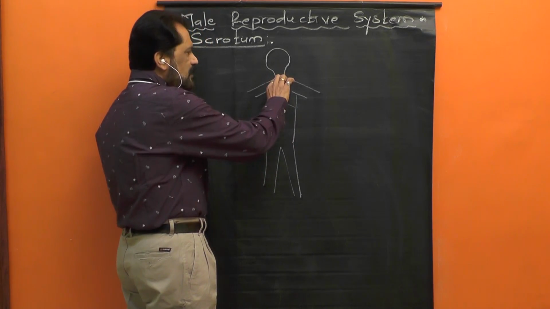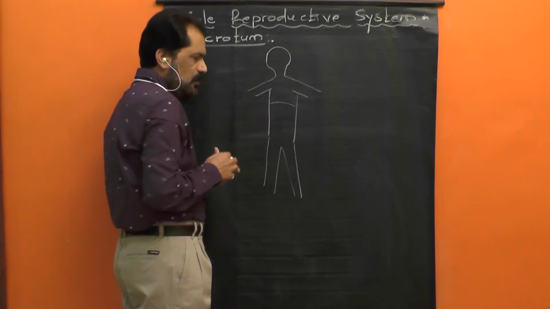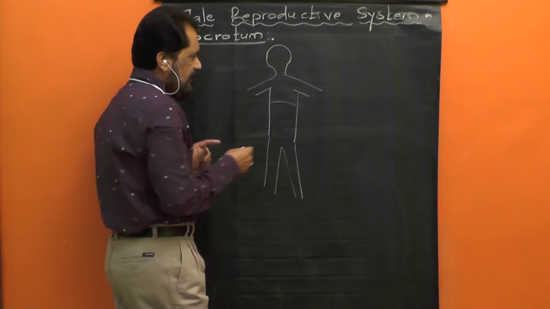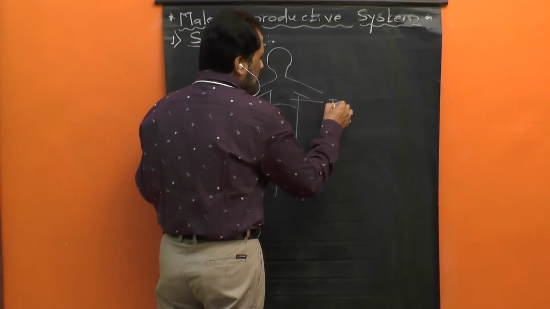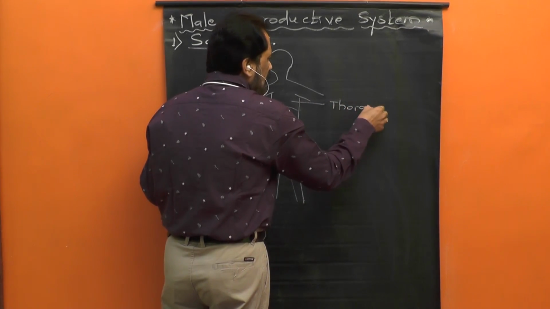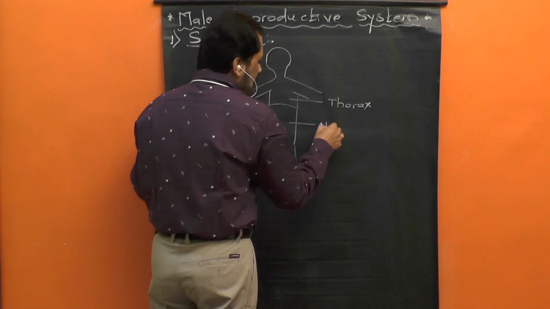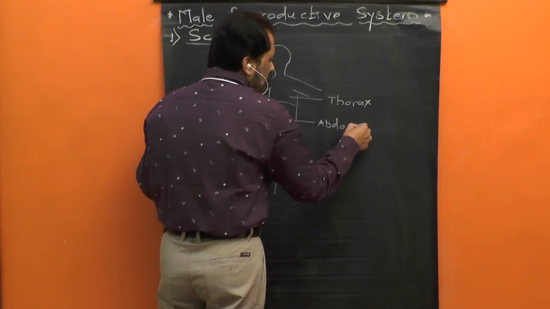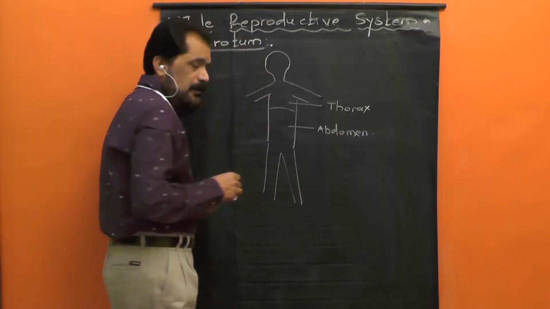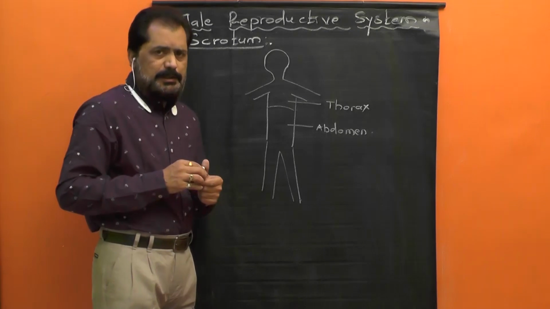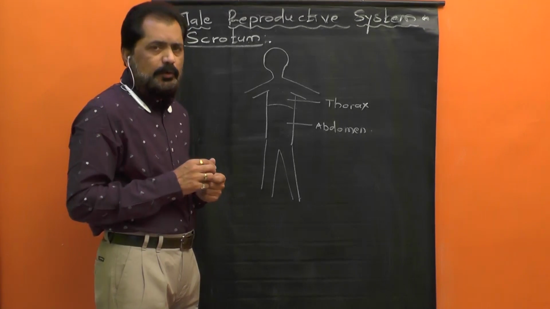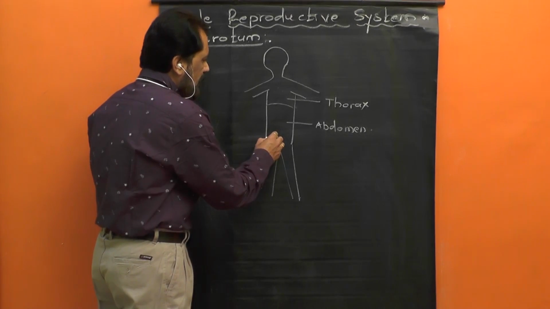The upper part is called the thorax and the lower part is called the abdomen, isn't it? Also we are all aware that most of the visceral organs, most of the internal body organs, are located here in the abdomen.